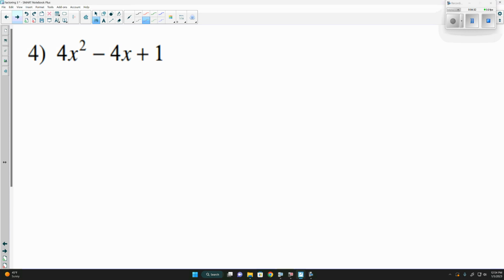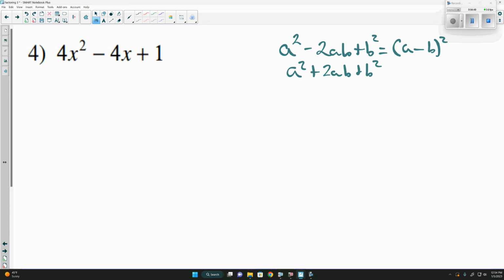Now, there is a set way that we could technically factor them, because it's following our a squared minus 2ab plus b squared is going to be a minus b squared, or we'll have a squared plus 2ab plus b squared is equal to a plus b squared. That is the definition for it.